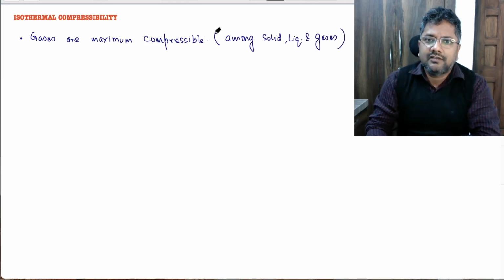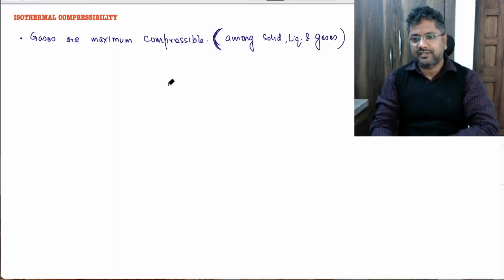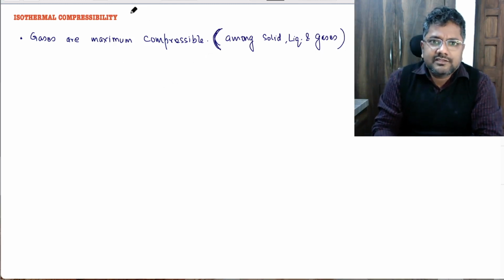So among solid, liquid and gases, gases are the maximum compressible. How is this given? This is written as a small k, known as kappa.